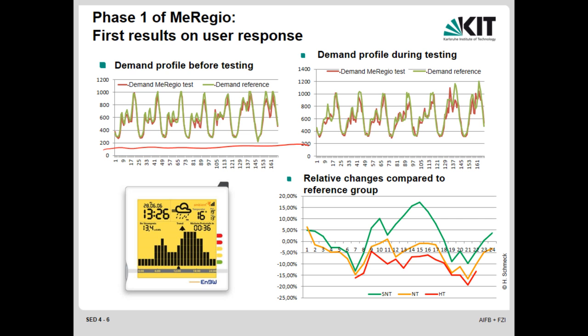This is over 1 week, and then after a few months, those two groups, the Meregio test group and the reference group, were compared with respect to their demand, and you see some deviations compared to the situation that was there before. And this is shown here in this diagram.